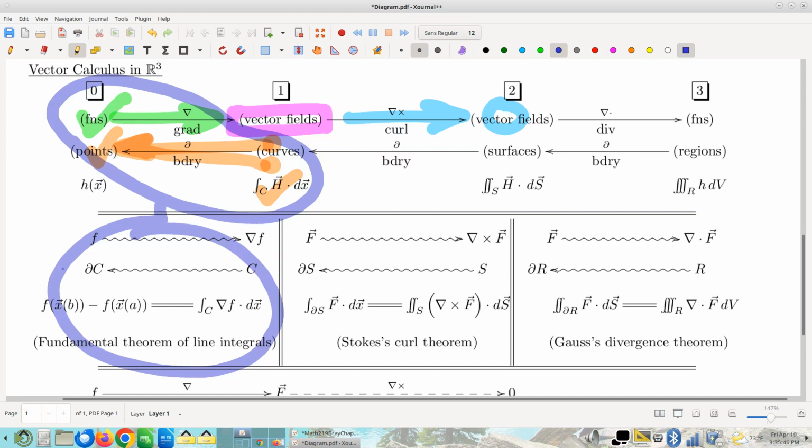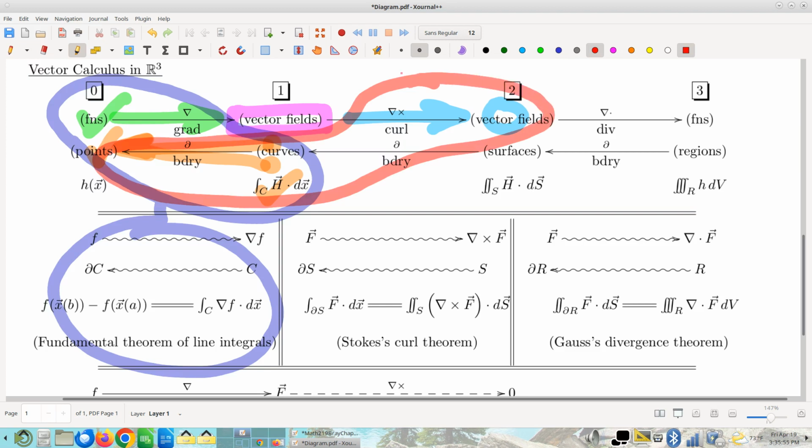And then if you also ask, how did we relate path independence to irrotational vector fields, not vector fields where the curl is 0? How did that work? Well, the key idea was Stokes' theorem. You can just look back through our notes and find where we made those arguments.